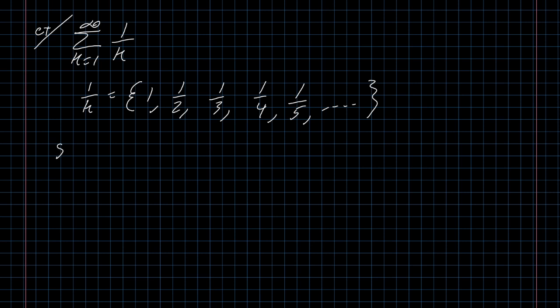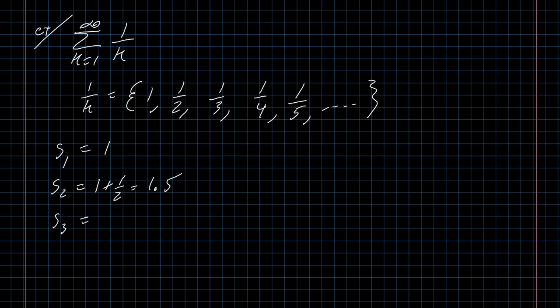And so our sequence of partial sums, S1 is going to be 1, S2 is going to be 1 plus 1/2, which is 3/2. Although I actually think this one's going to be easier if I start listing things out as decimals. So 1.5.